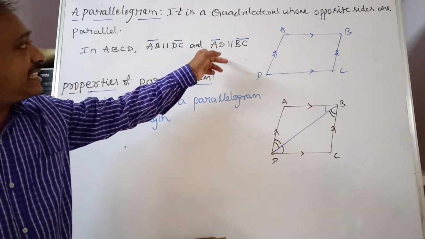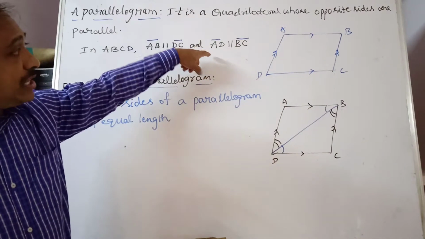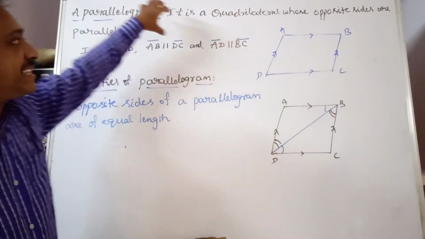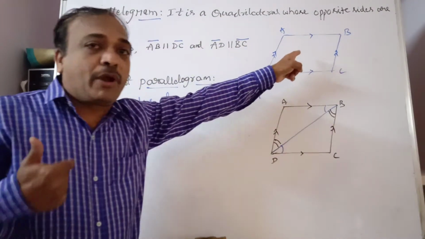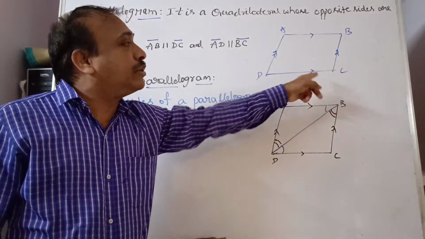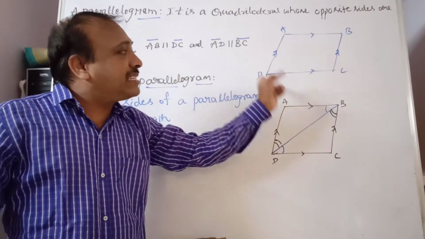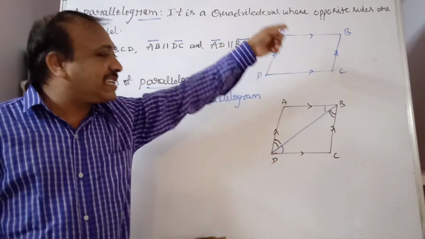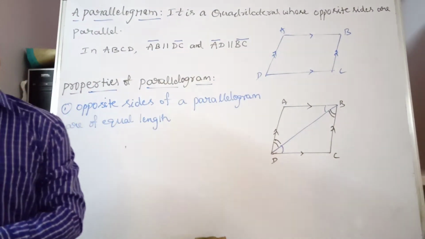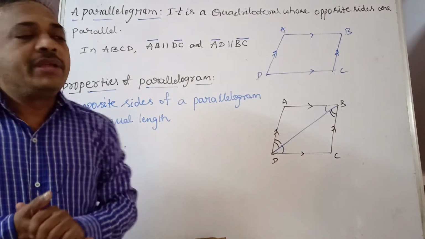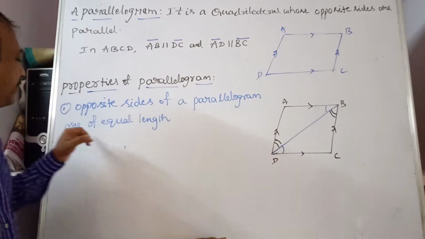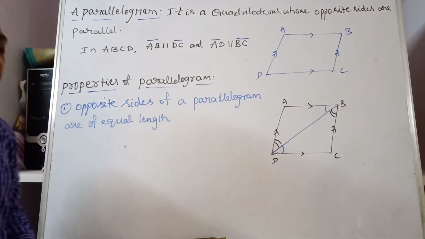They are parallel, and based on those parallels we say it is a parallelogram. Now we are proving the property: AB is parallel to DC is given, AB is equal to DC and AD is equal to BC. So the special property of the parallelogram is that opposite sides are equal in length.